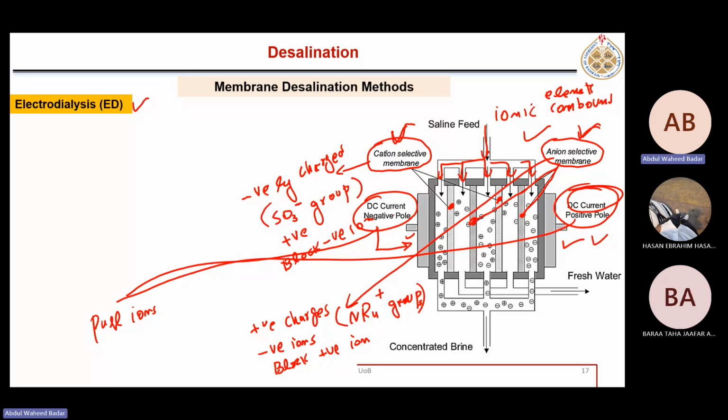So this negative pole will attract positive ions. Whatever positive ions are in the seawater will be attracted towards this negative pole. This cation membrane will also allow only positive ions to pass through and block the negative ions, so negative ions will flow towards the other side. All right. So here we have anions. This one is anion, right?